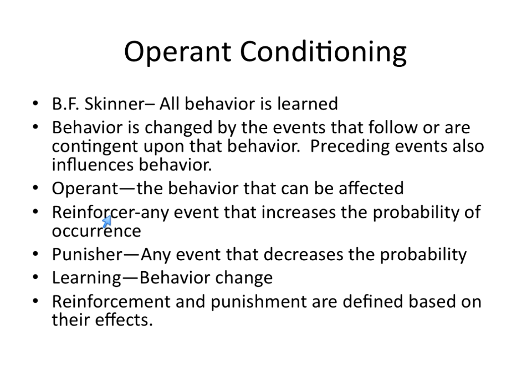Punisher. That is an event that decreases the probability that a behavior will occur. So some people, for bad behavior, use punishment, right? Because you're trying to decrease the probability that that bad behavior occurs. And for good behaviors, we try to use reinforcement.